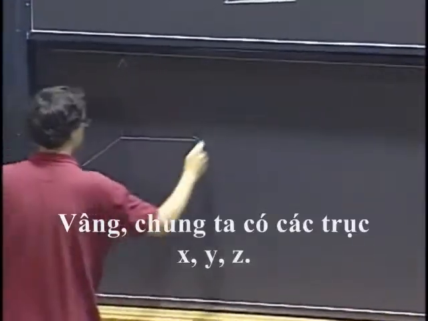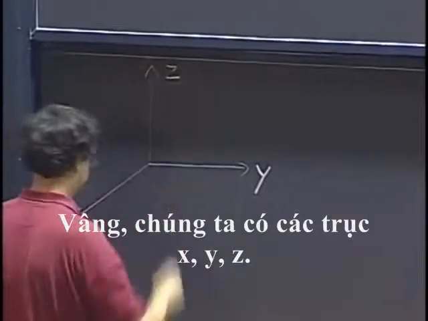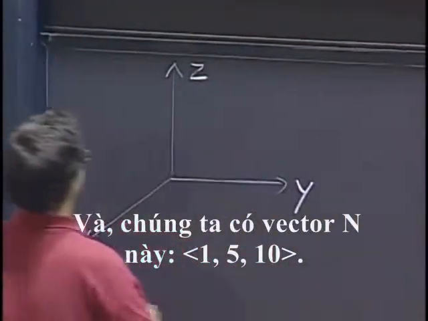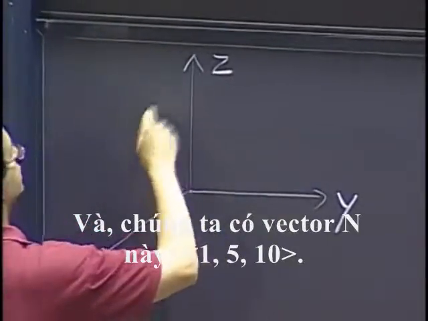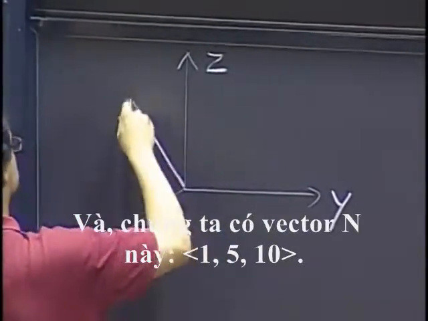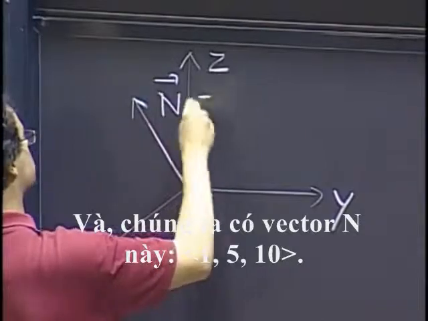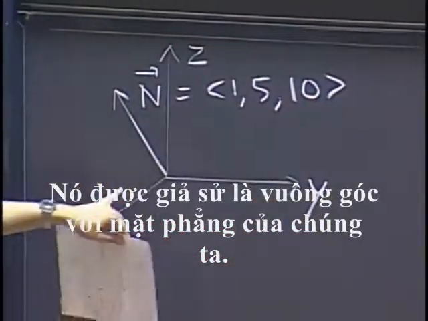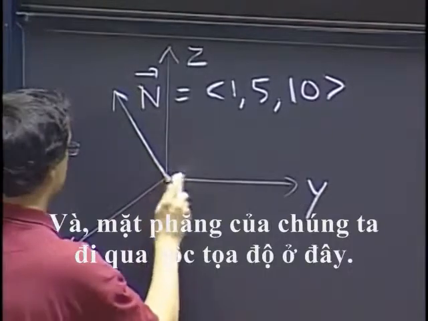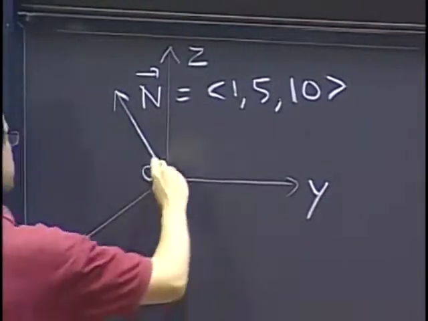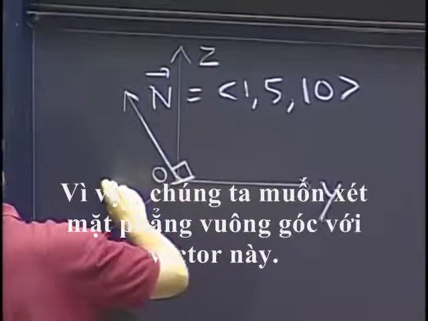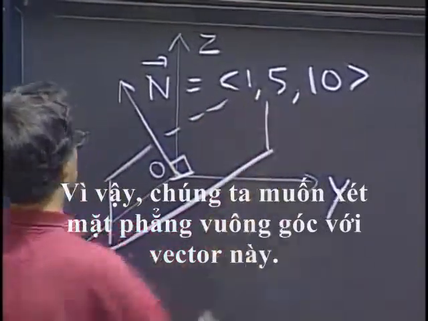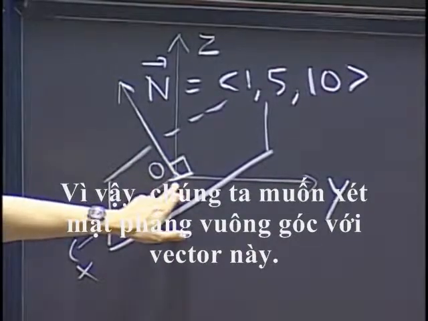Well, we have the x, y, z axes, and we have this vector n, 1, 5, 10, and it's supposed to be perpendicular to our plane, and our plane passes through the origin here. So we want to think of a plane that's perpendicular to this vector.